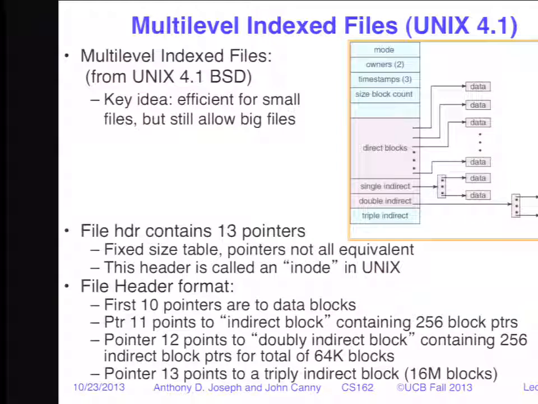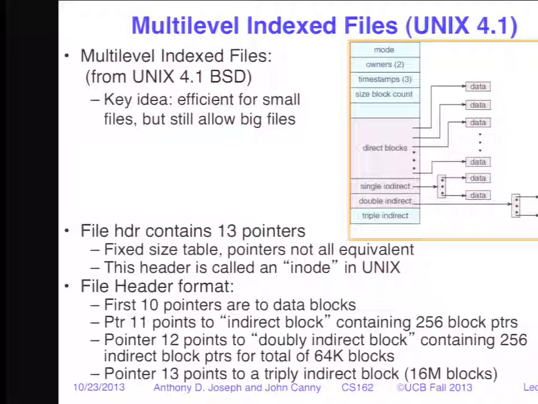If our file is less than 10 data blocks in size, then this is all we need to reference the file and to know exactly where to find all of the file's data blocks. So the idea here was we wanted to make it really efficient for small files.